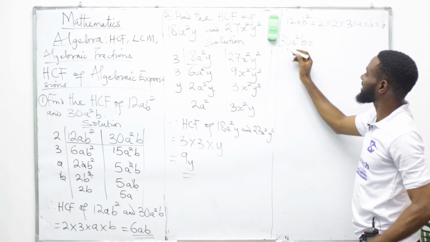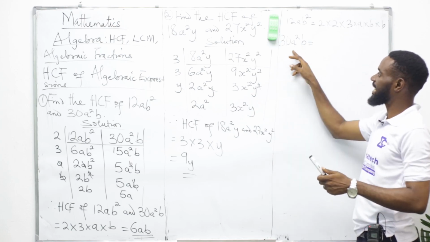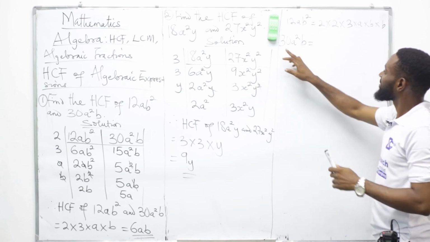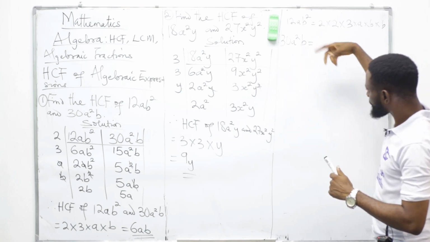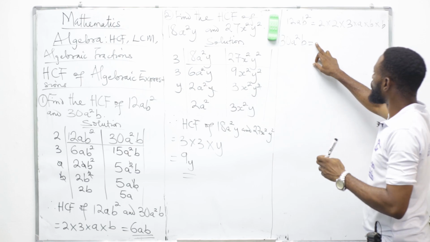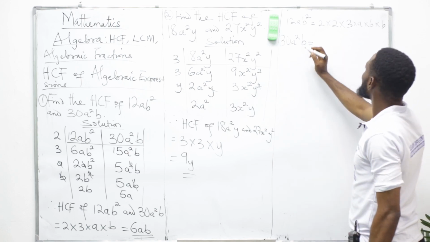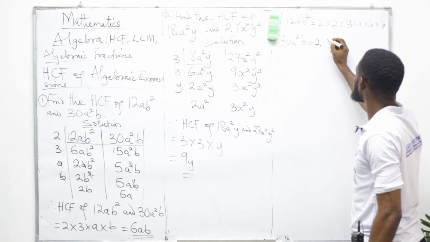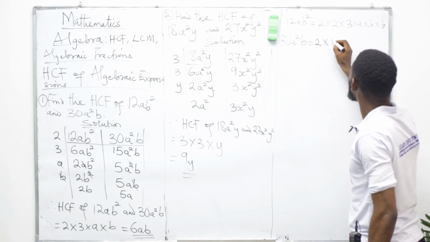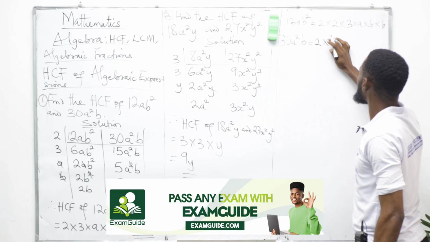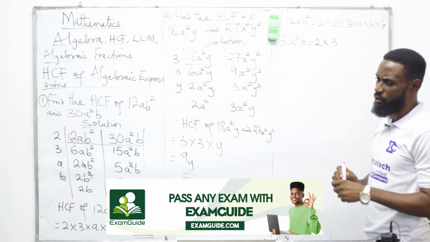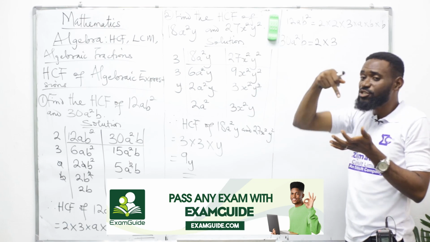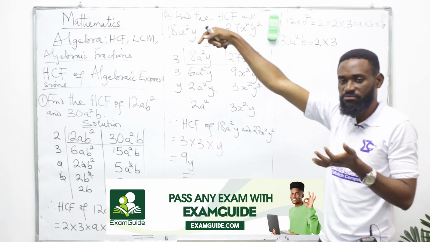Why for 30, if we also express 30a squared b in expansion form, 30 will mean 2 times 3, because if we say 2 times 4, 4 is not a factor of 30.